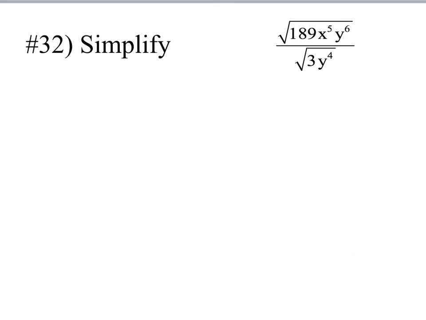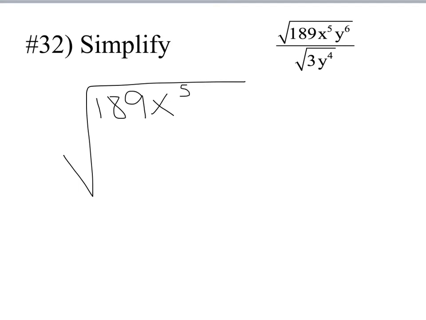Okay, here you have the square root of 189 x to the 5th, y to the 6th, and then square root of 3y to the 4th. So because they have the same index, I'm going to go ahead and write them all under one radical. So it's going to become the square root of 189 x to the 5th, y to the 6th, all over 3y to the 4th.